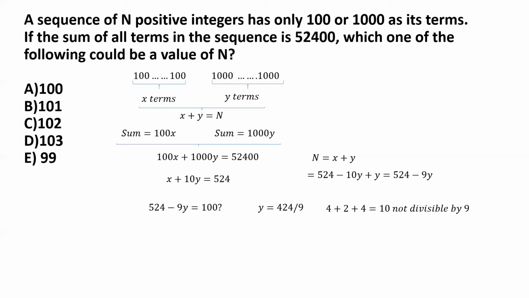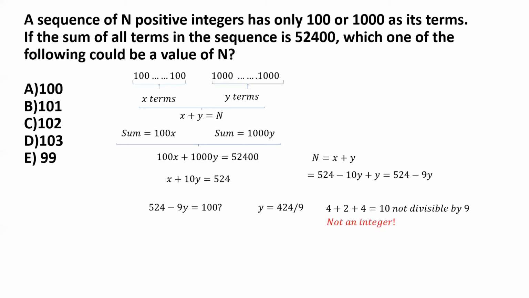So this first option, 100, option A, does not produce a y which is an integer. It produces a fraction, which is not an acceptable solution, because y, the number of terms which are 1000 each, needs to be an integer.